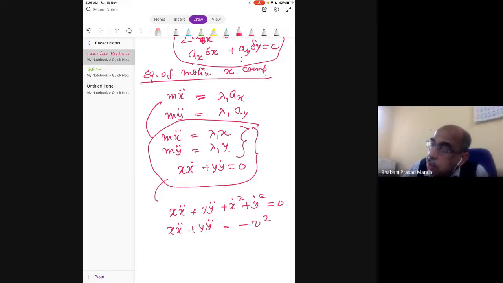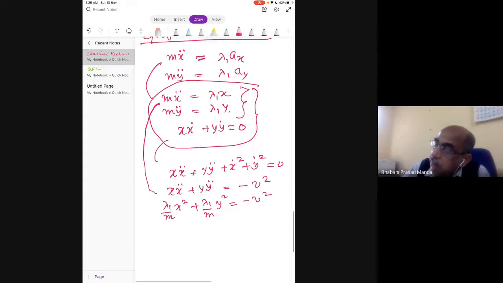Let us see how. If I substitute x double dot from here, it will be lambda 1 by m times x, so x squared. Y double dot, if you substitute from here, is lambda 1 by m times y, so y squared, equal to minus v squared. So what will be my lambda 1 then?